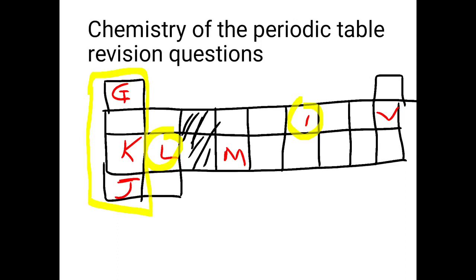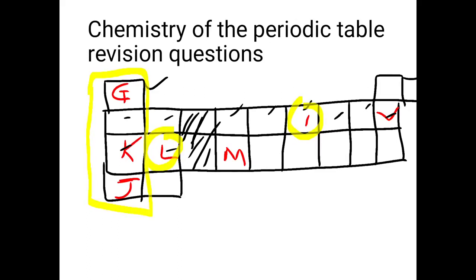From that we can begin by getting the atomic number of L. So the atomic number of L is 12, and we get it by counting 1, 2, 3, 4, 5, 6, 7, 8, 9, 10, 11, 12.